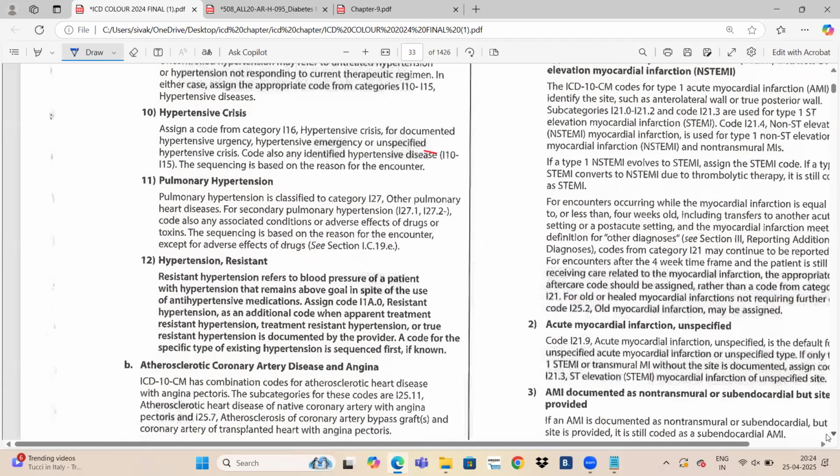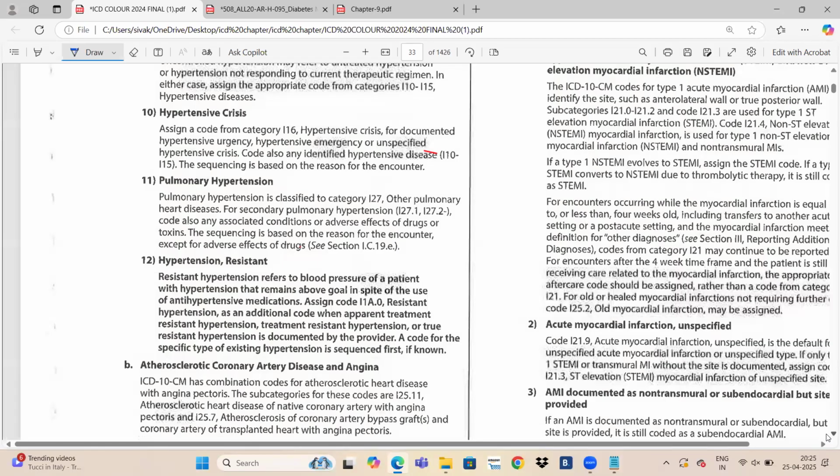Then hypertensive crisis. If they documented hypertensive crisis and hypertension, how will you code? Hypertensive urgency, crisis documented, and hypertensive disease like hypertension also documented, we can code both.